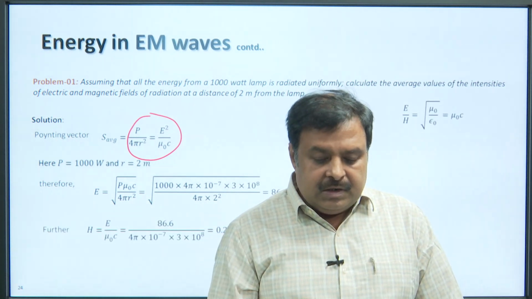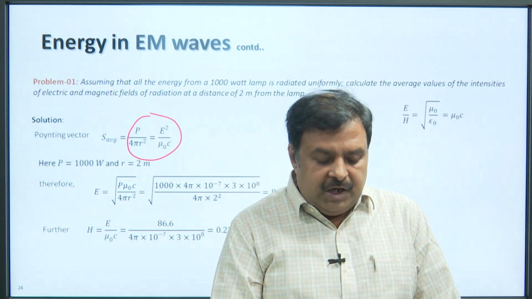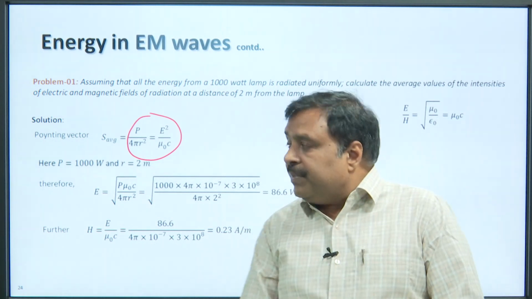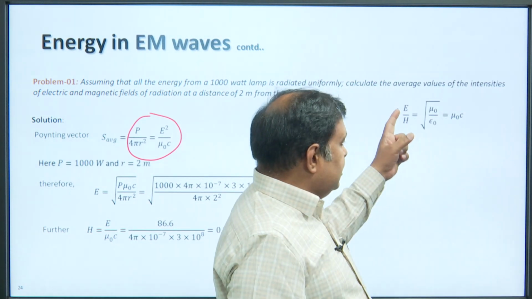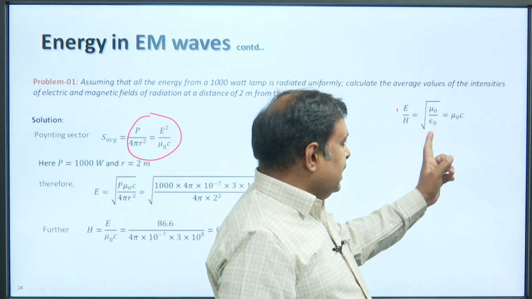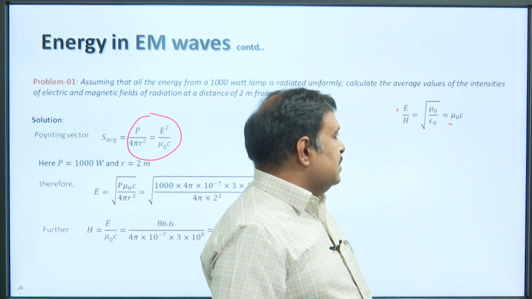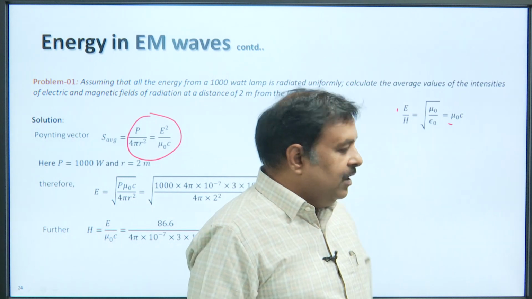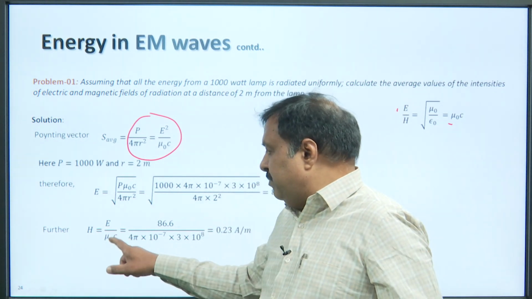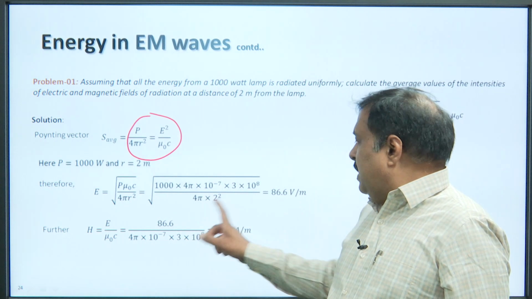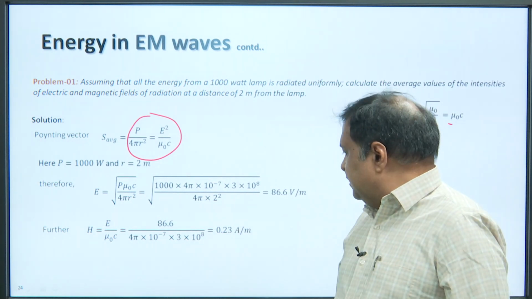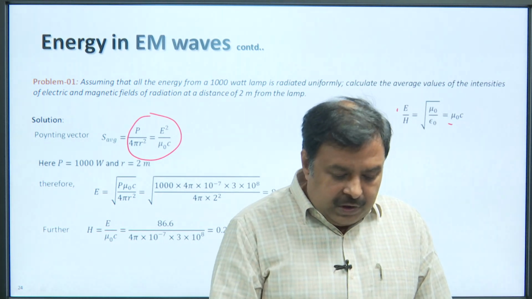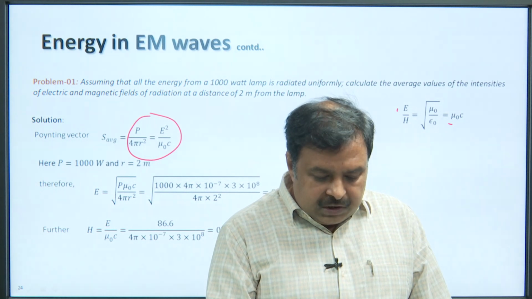And H equal to E by mu 0 c, since the intrinsic impedance E by H is equal to root mu 0 by epsilon 0, which is the same as mu 0 c. So E you have evaluated as 86.6 volt per meter, and substituting the values you obtain H equal to 0.23 ampere per meter.